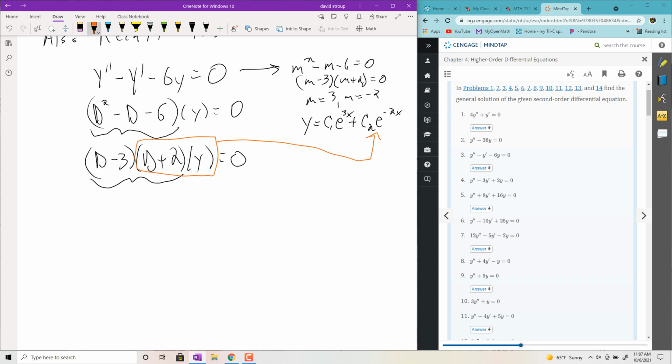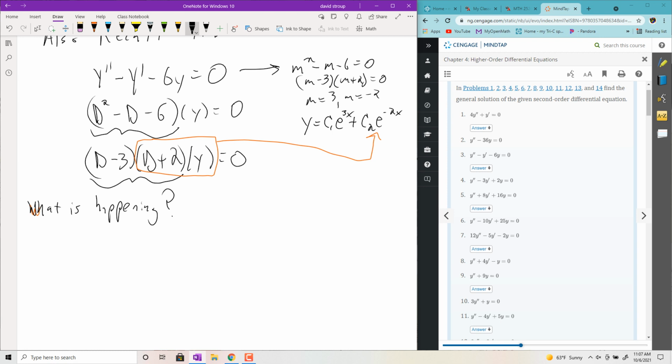So what am I trying to do again? What is going on? I'm looking for a way to take the derivative of functions I'm familiar with, like the exponentials, the trig functions, and the polynomials, and I'm trying to find ways to take their derivatives to make them equal 0.